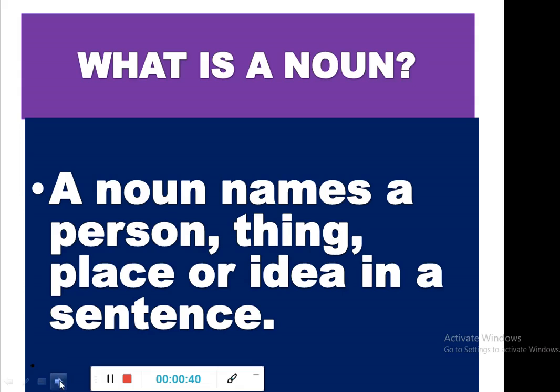Today we are looking at nouns specifically. What is a noun? A noun names a person, thing, place, or idea in a sentence, and we want to look at how nouns are used, what they are, and the various subclasses of nouns. Of course, we are looking at all these as part of English grammar for beginners.